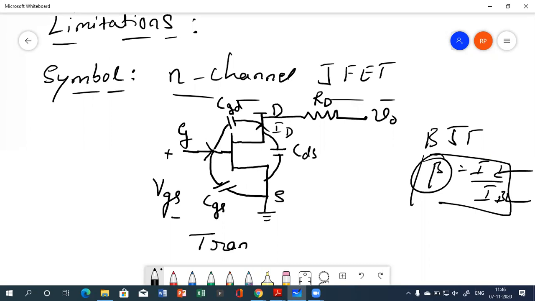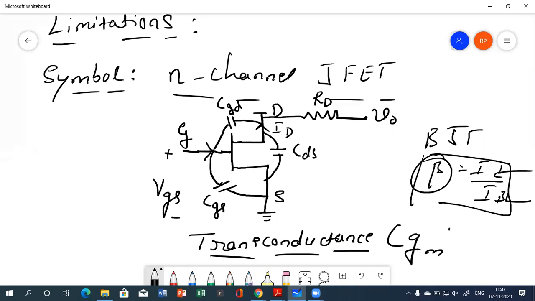Now you need to remember this properly. Transconductance is used to represent the relation between voltage and current. It is denoted by small gm. Transconductance is output by input.